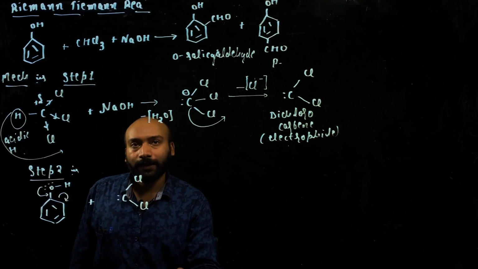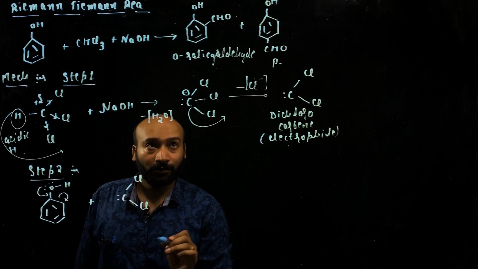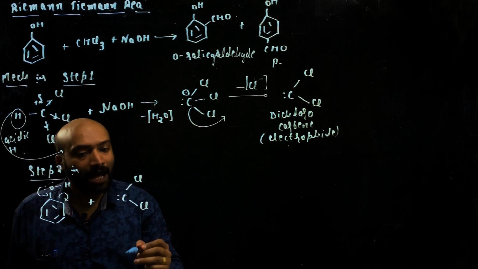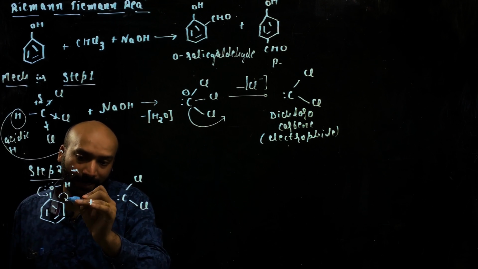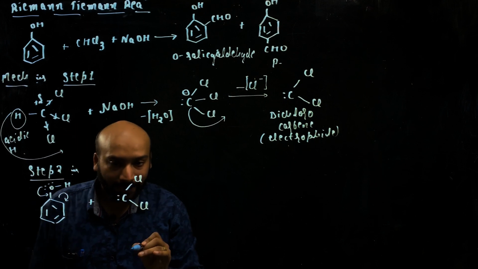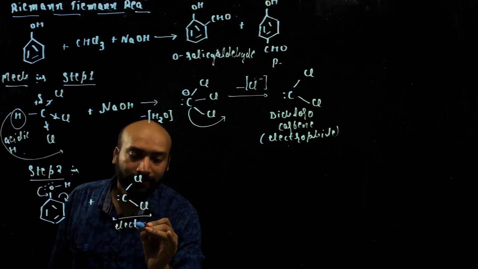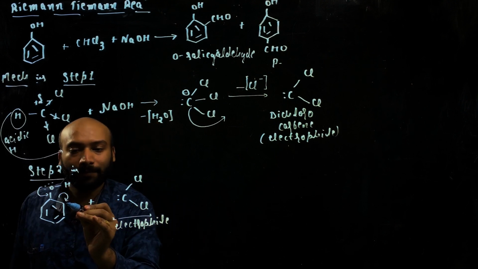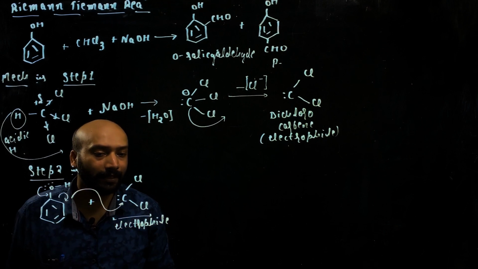I will form the first product, that is ortho-salicylaldehyde. Para-salicylaldehyde will form in the same way. So this carbon acquires the negative charge, and this is the electrophile. This negative carbon will attack this carbon.